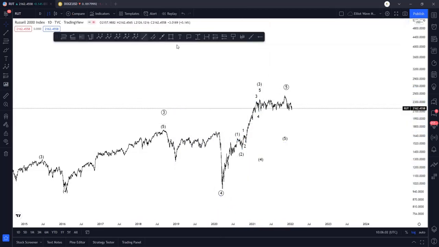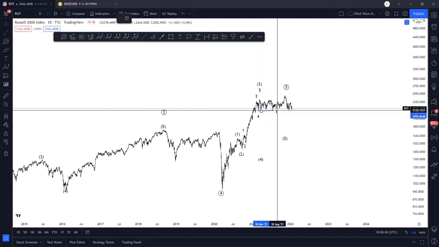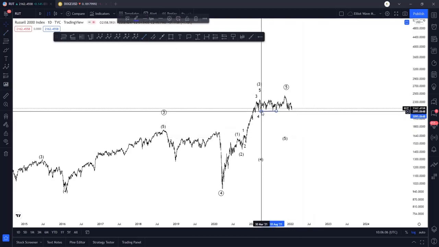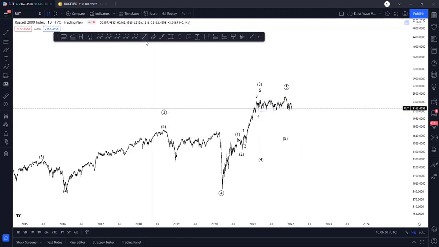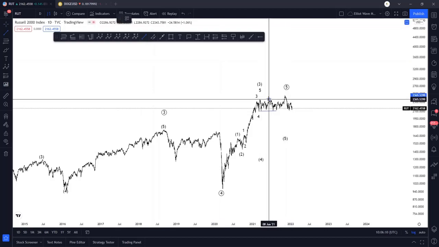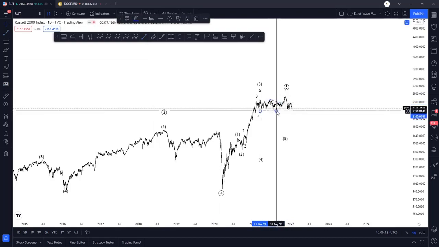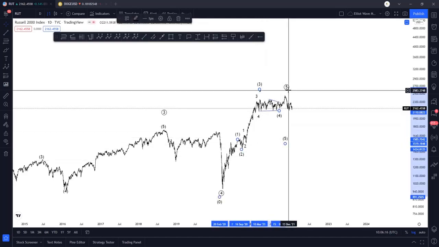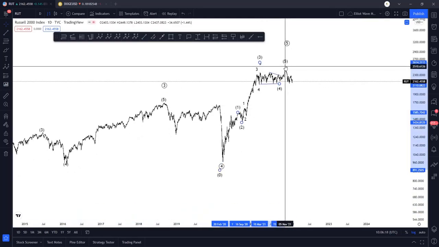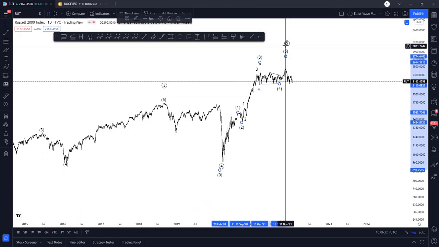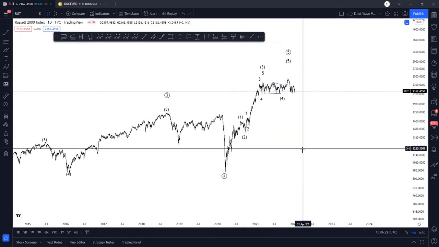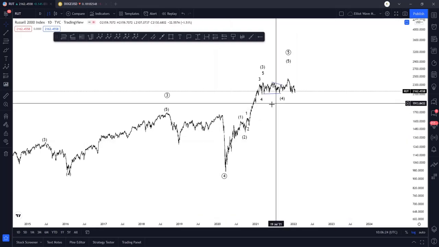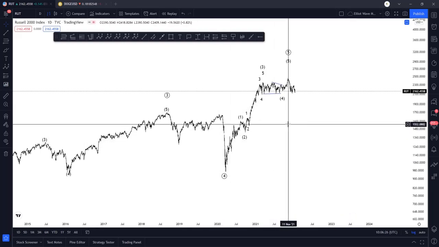And then what we have here is a triangle pattern as wave 4, and the market ends wave 5, just like that. So quick, so easy, so simple.